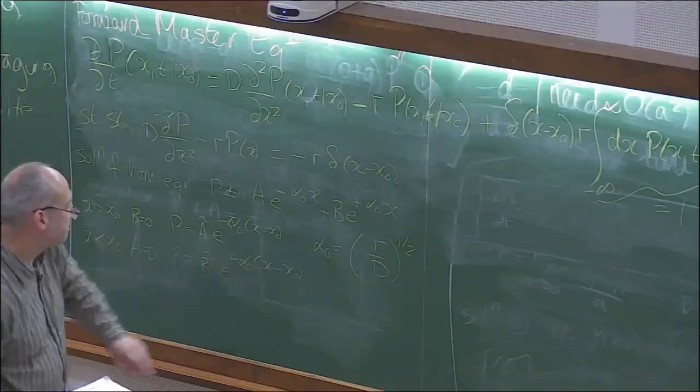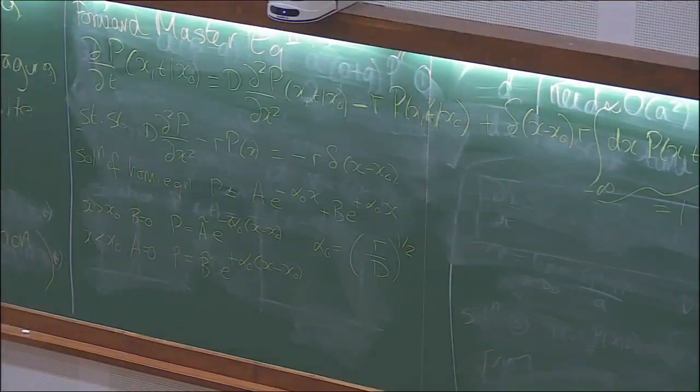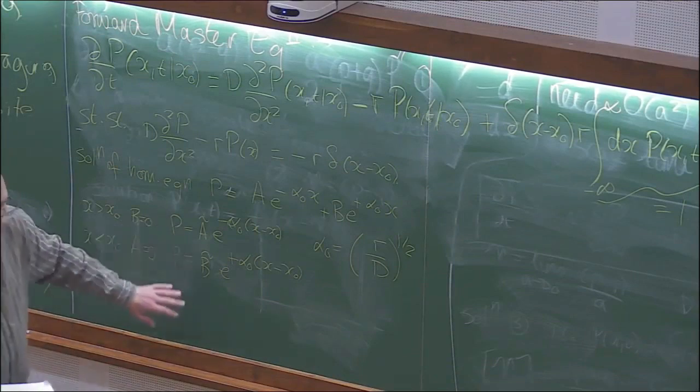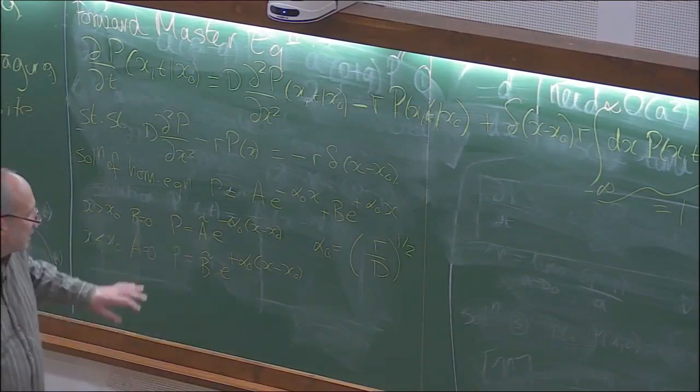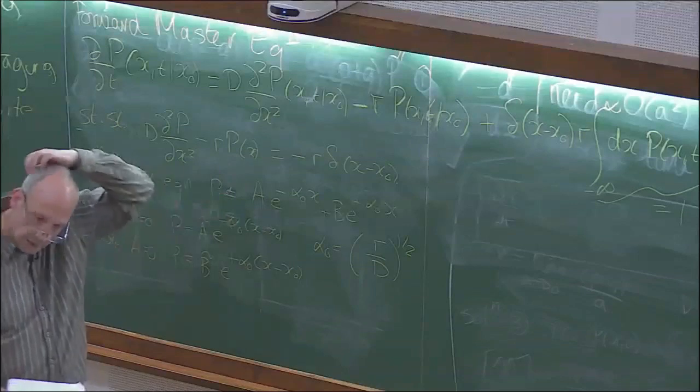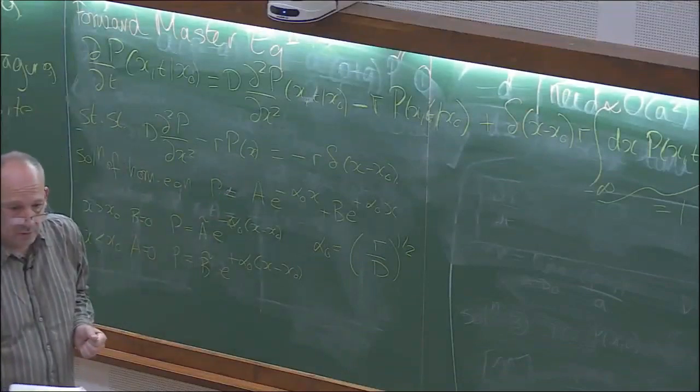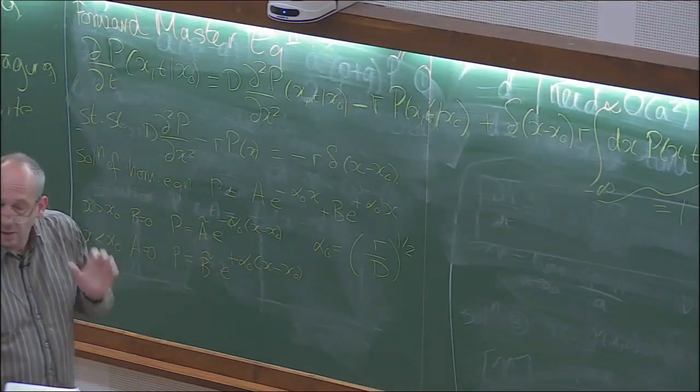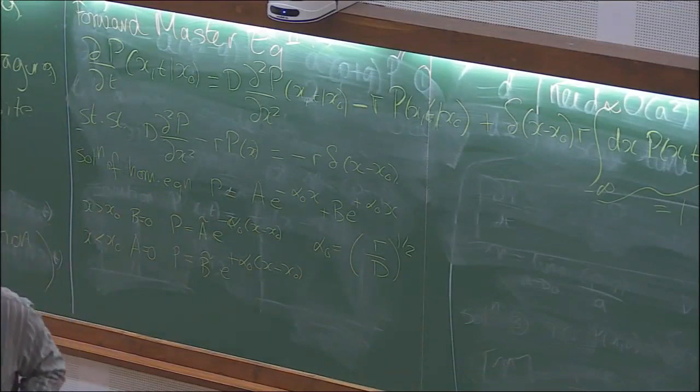And so all I have to do is then determine the constants a and b. And the way to do this, we've got a delta function here. Before, we had a boundary.